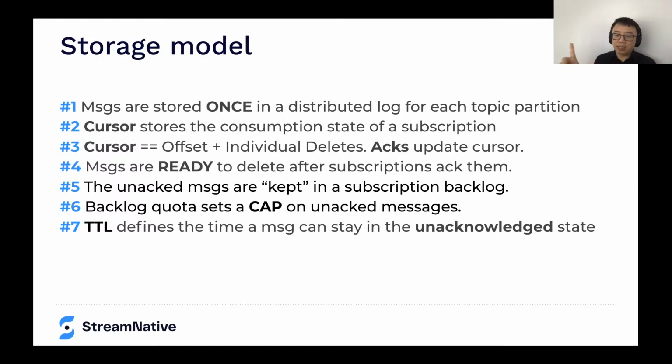So the TTL is actually moving the cursor in sequence. That means TTL itself doesn't delete any messages. It only moves cursors. When you move cursors, it changes the message backlog and turns some of the messages into an acknowledged state, and those messages would eventually be ready for deletion.